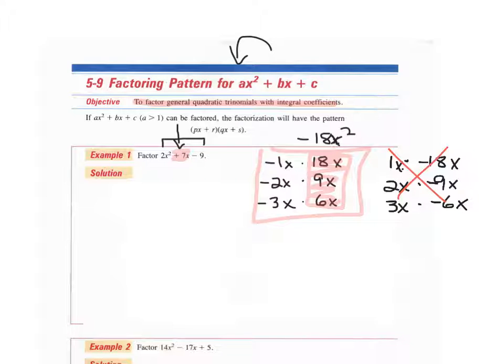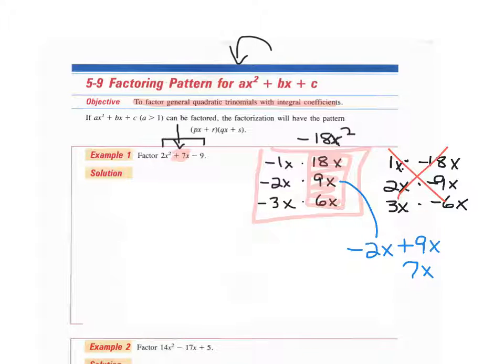Then now I need to look through these 3 sets of factors to find the one that when I add the factors, I get +7. So notice if I take the middle one and I add -2x plus 9x, this does give me 7x.